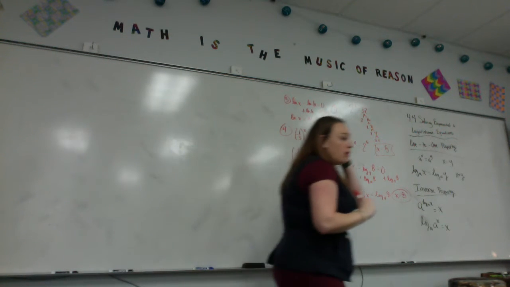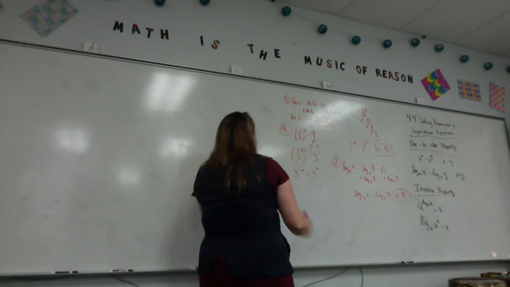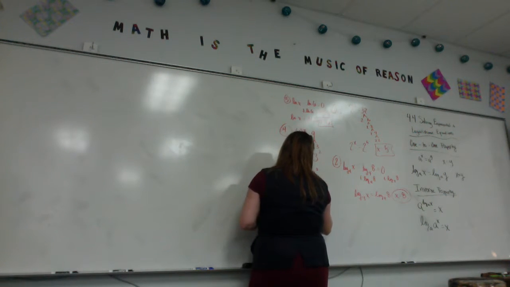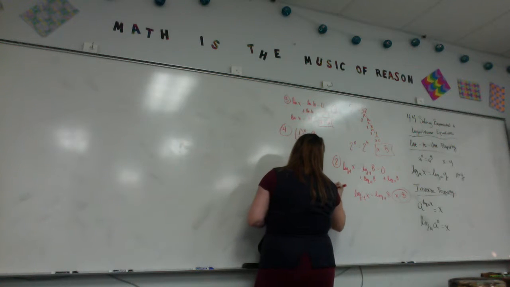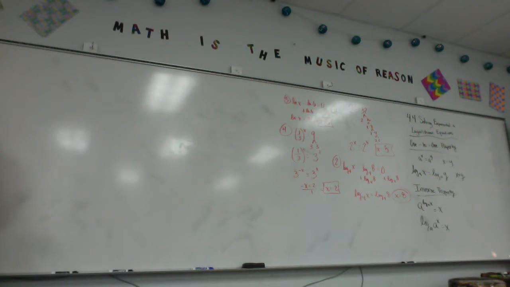Now, what would x equal? X is going to equal negative 2, because if I say negative x equals 2, I have to divide by that negative 1. So when there is a fraction, you're going to have a negative exponent at some point.